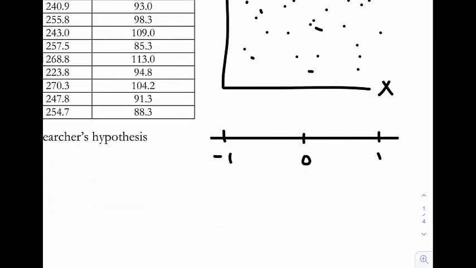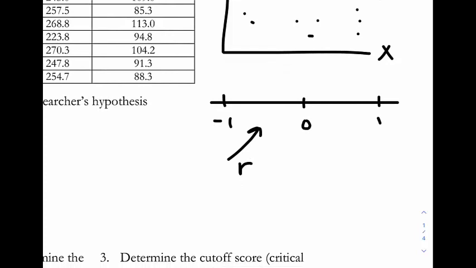So in order to set this up, we'll talk about this later, in this realm here we have what lives: R, or rho. So R is, actually, I'm going to start with rho. Rho is a population correlation coefficient.